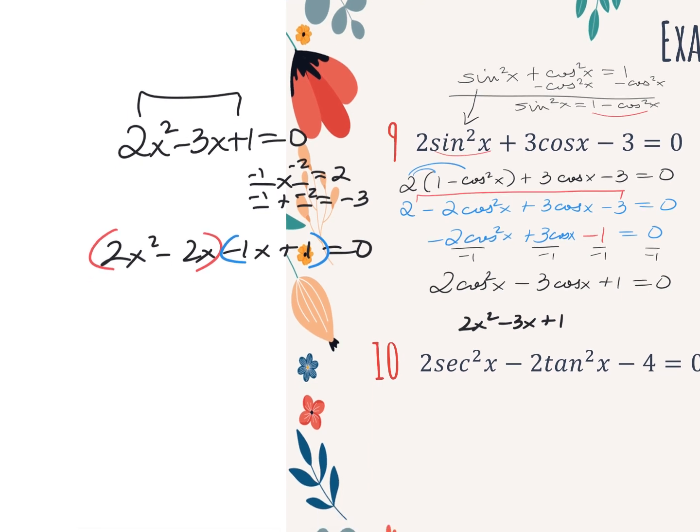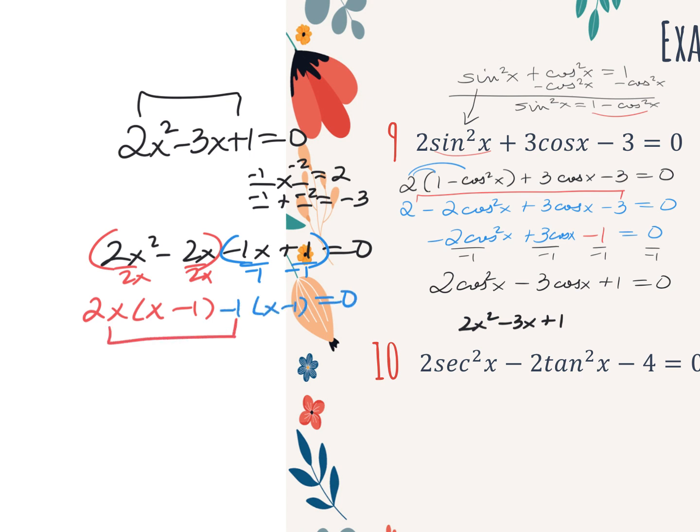You don't have to do it this longer way. GCF here is 2x. Divide both of these by 2x and you get x minus 1. GCF of the second group is negative 1. So negative 1 and then x minus 1.